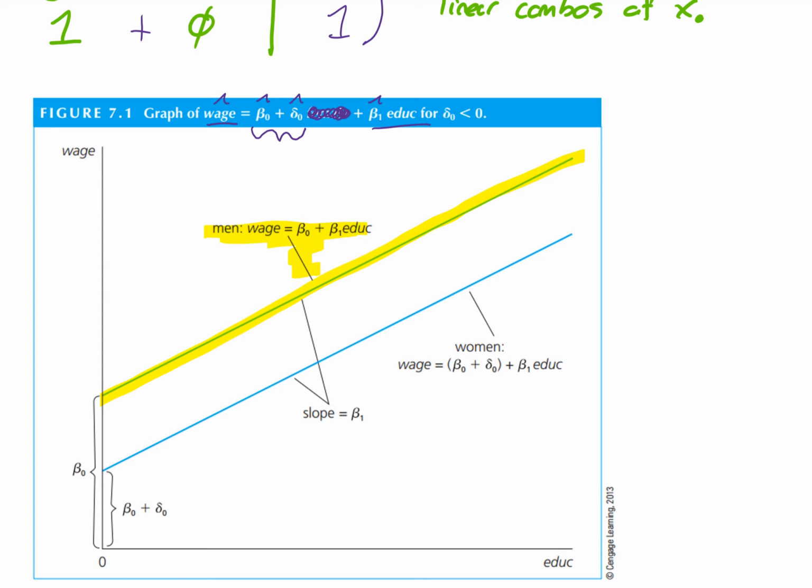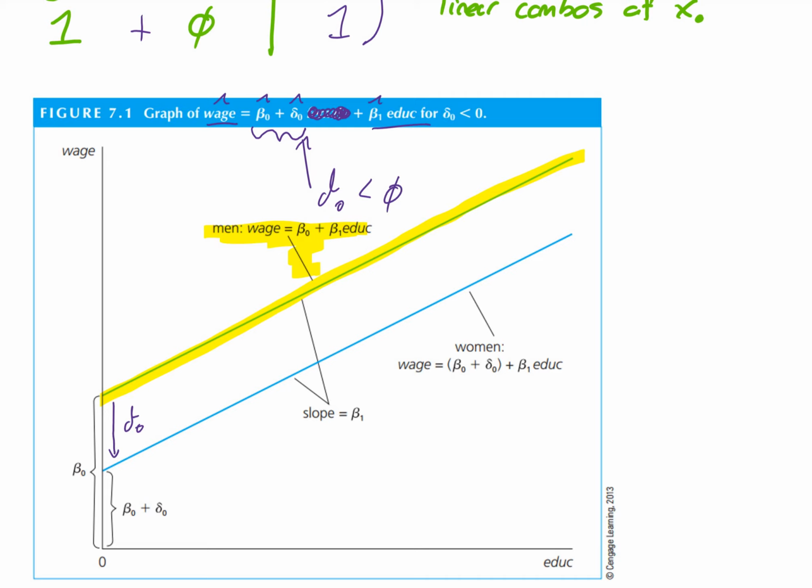In this particular case, it's commonly seen that women make less for the same job, the same education, when compared to a man. So we would expect that this delta 0 is less than 0. If it's less than 0, we're going to see the intercept shift down by this amount of delta 0.